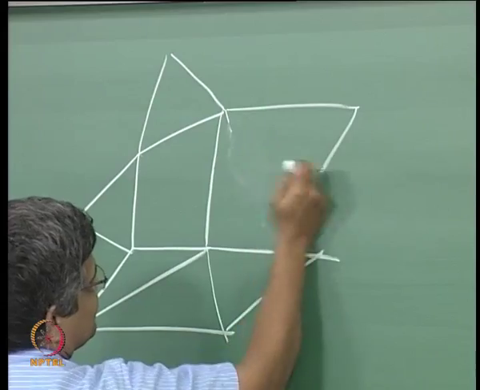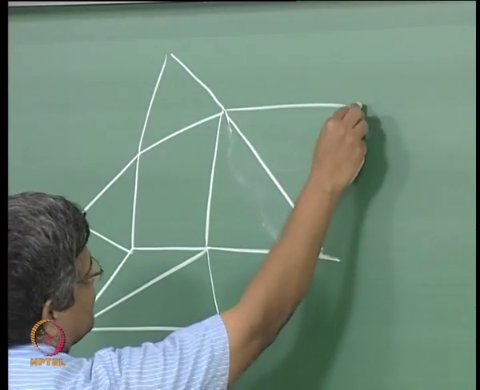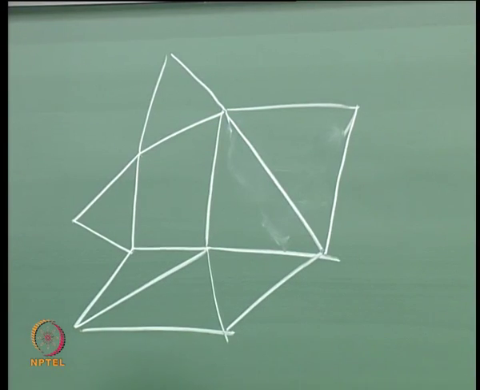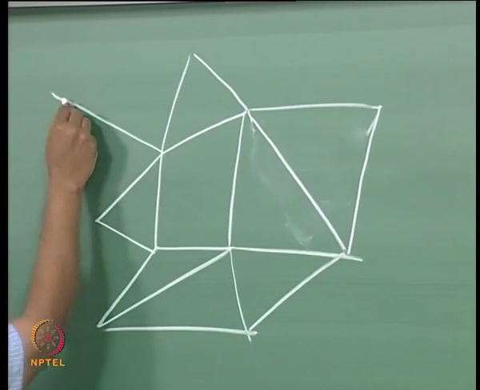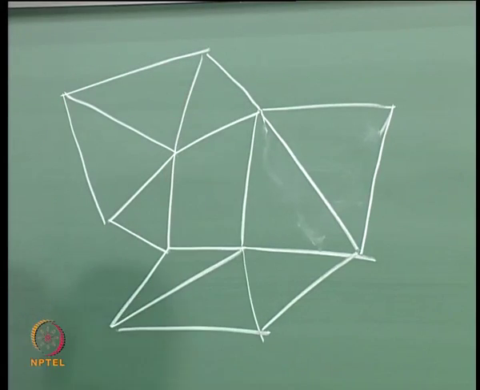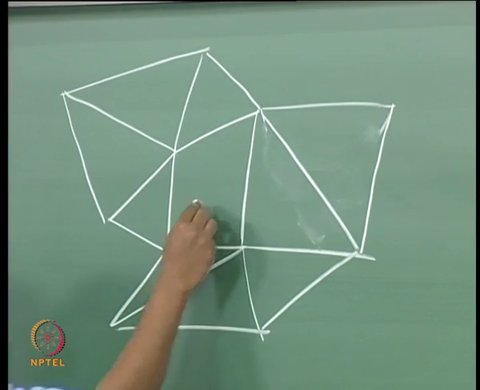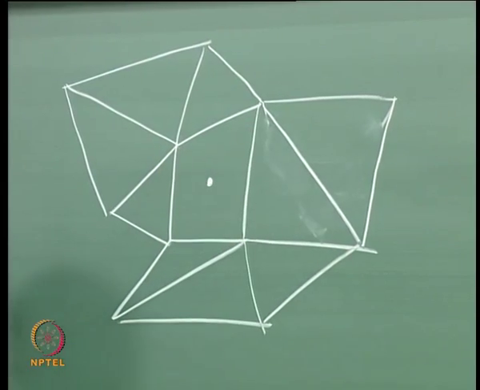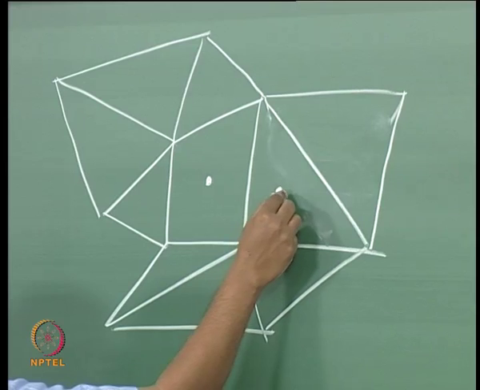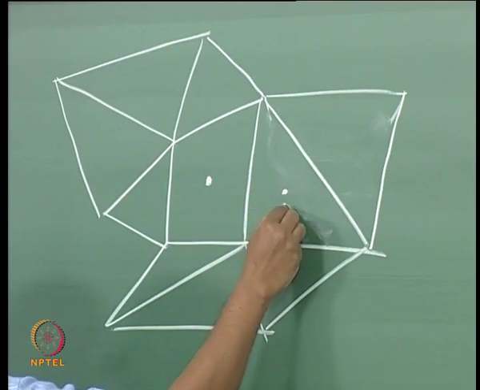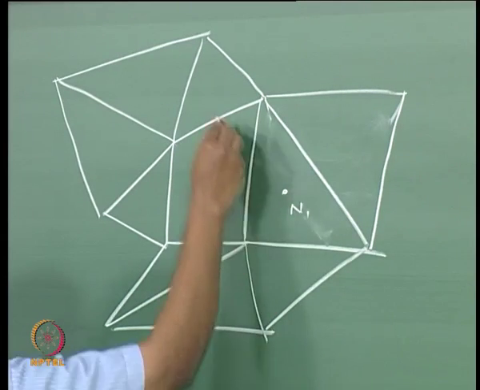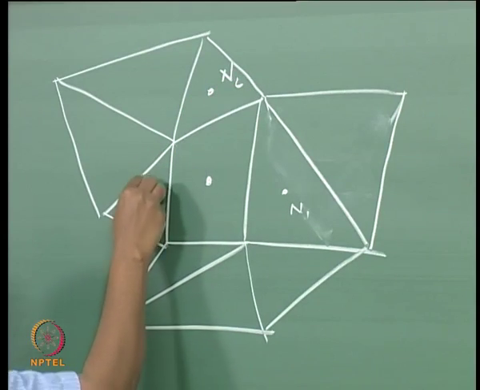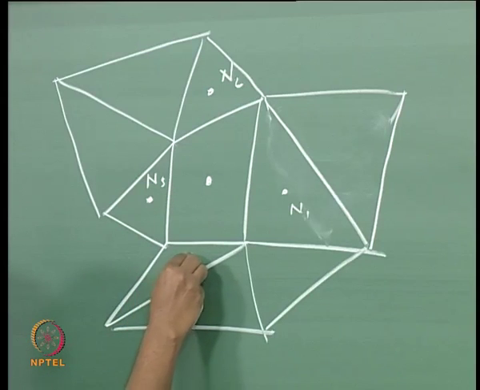We have been too rash like this, and we are concentrating on this particular cell given by these 4 nodes, and we have the neighboring nodes n1, n2, n3 and n4.